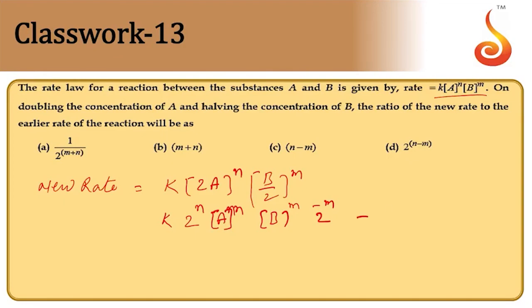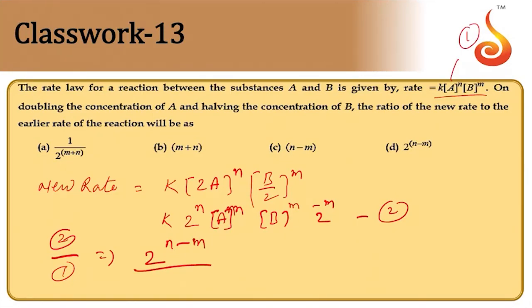This is equation number 2. Now divide equation 2 by equation 1. So 2 to the power of n and 2 to the power of minus m remain. So the answer is 2 to the power of n minus m. So the answer is D.